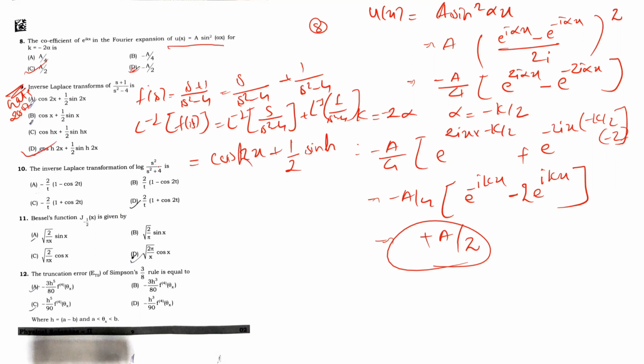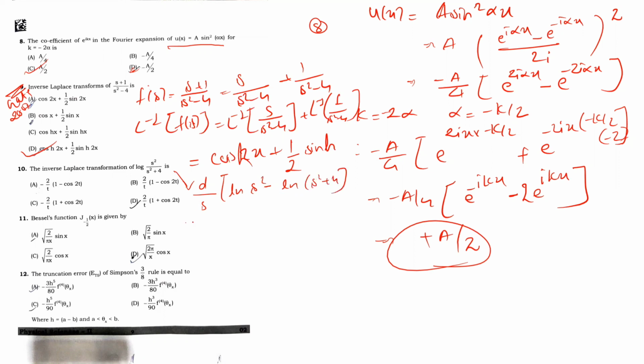Now for this, what is given to you is the inverse Laplace transform of s square by s square plus 4. For this you can directly write, if you remember, this is for log. You will just do D. For this I'm just writing D of ln, this is ln s square minus ln of s square plus 4.